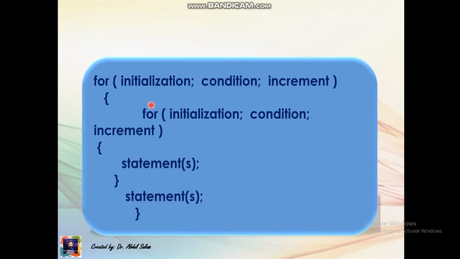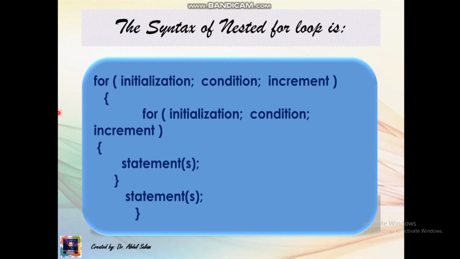Okay, next we have the syntax of nested loop. How to write the syntax, how to use nested loop in your program. The basic rule of writing a nested for loop is: for, same as we have learned in the second previous slide, that is the for loop syntax: initialization, condition, and increment.